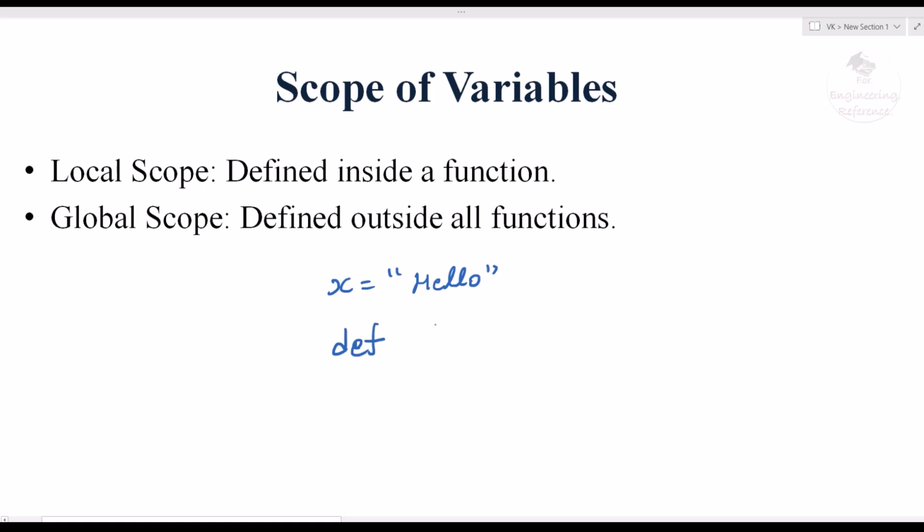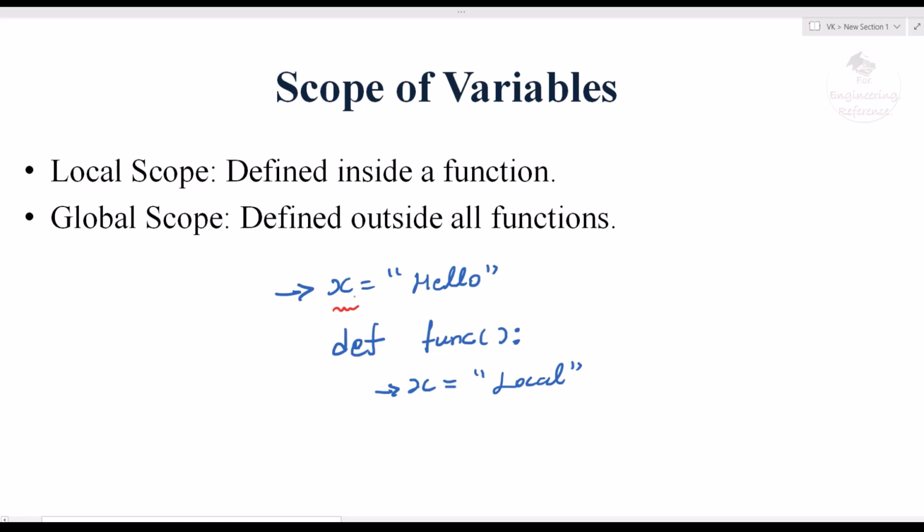We will see it in detail in upcoming lectures. I'm just showing this for the explanation of local and global variables. So def, for example, we give a function name and colon. Here x is equal to, say, this is local. So here this x variable is actually a global variable and this x variable is a local variable.